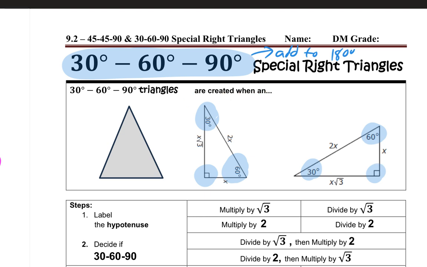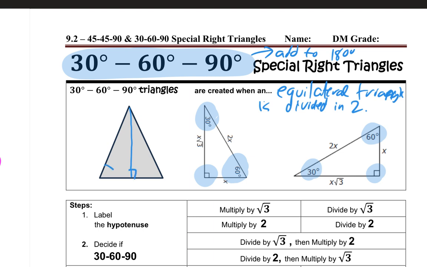Now, how is it created? It's created when an equilateral triangle is divided in two. So if we divide it like that, we know that that's going to be 90 degrees, right?